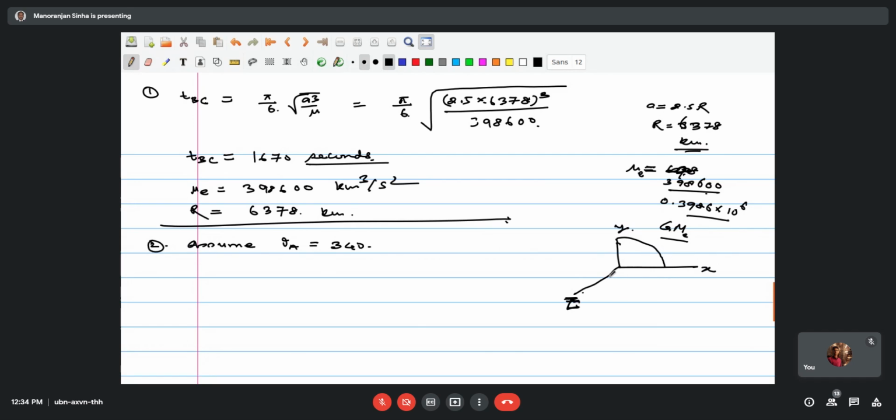The flight is going like this, and we have to start here in this place and go up to this point. So theta A taking 340 degrees simply implies that theta A has to be taken in this transfer plane from this place to this place, so this will be ahead of it. This constitutes theta A, and this is the periapsis of the transfer orbit.